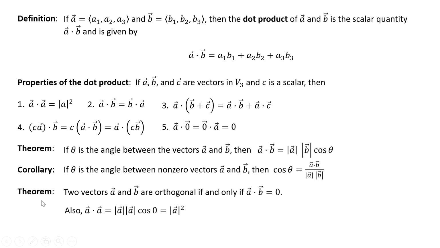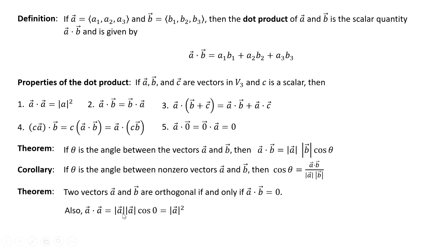Next, also, A dot A. We already saw that property, that A dot A is equal to the magnitude of A, the quantity squared, right? Can we get to that using this formula for the dot product? Yep, we can.